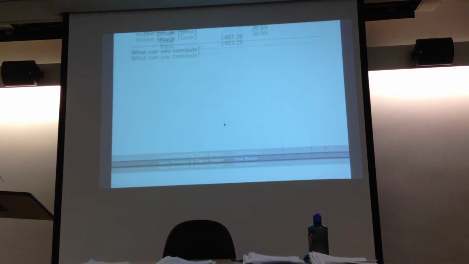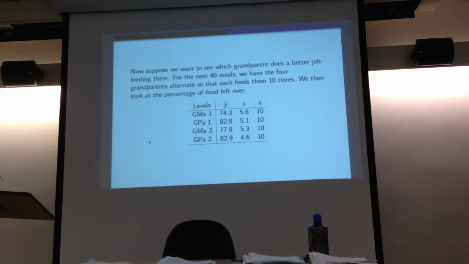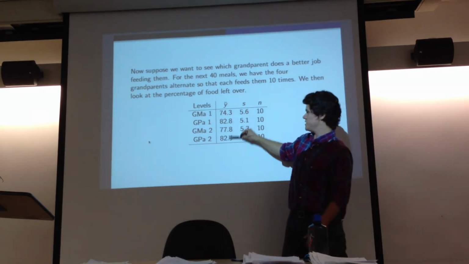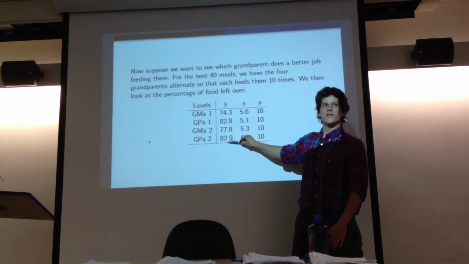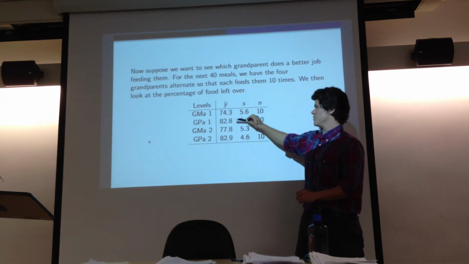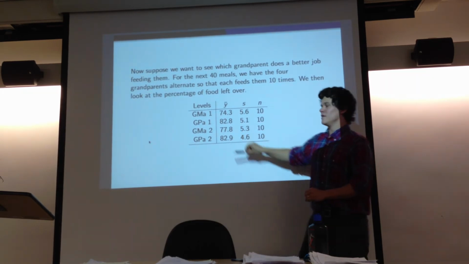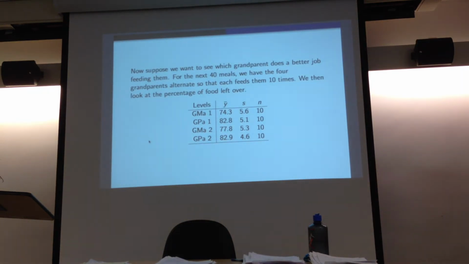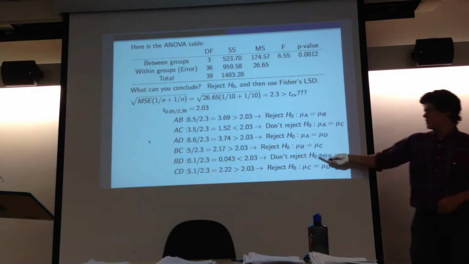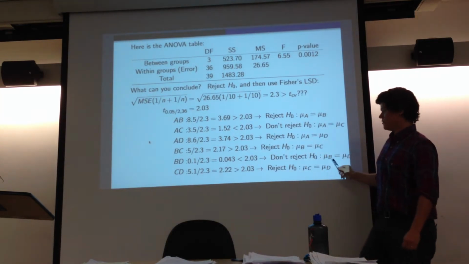So what he's saying is, if you look at B and D, those are the closest, right? If you do the Fisher's LSD for those two, you find that you do not reject.